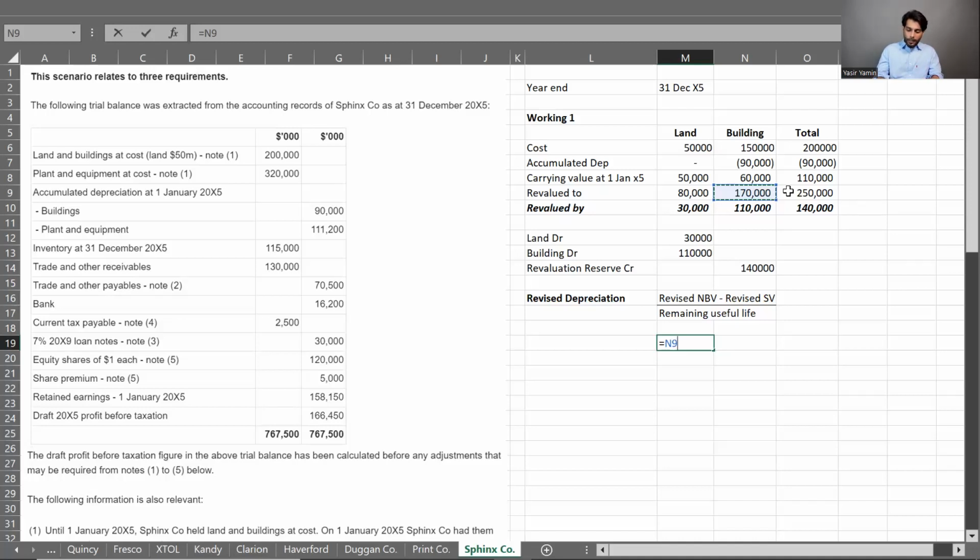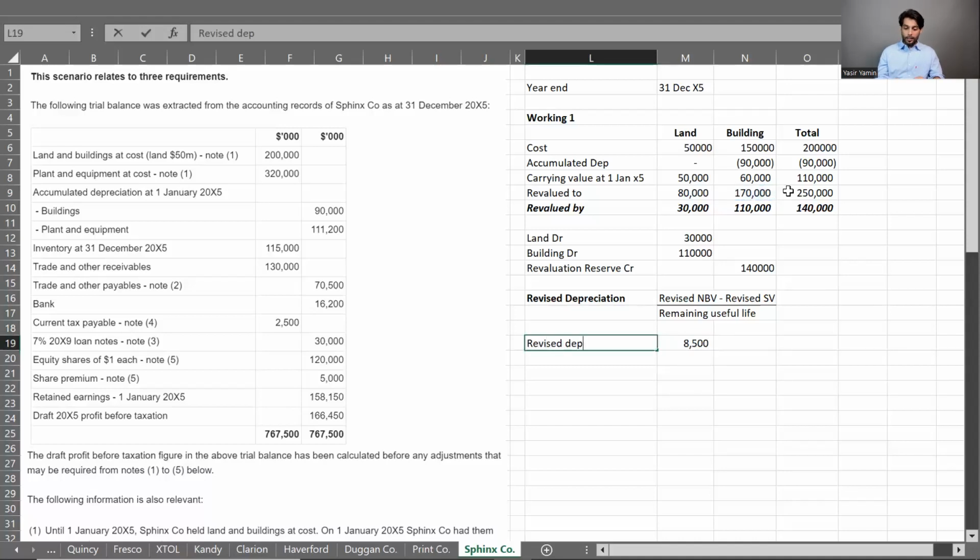One thing could have been that you just put 170,000 manually in this cell. What you can do otherwise is put equals to, move on your arrow keys, go to the building's revalued amount, which looks very exciting to your examiner, and then divide by the remaining useful life, which is 20. And here you will get your revised depreciation on building for the year.